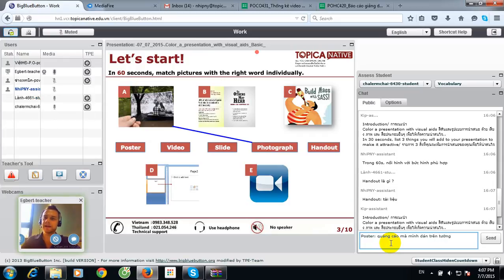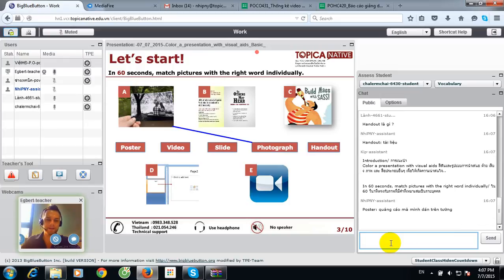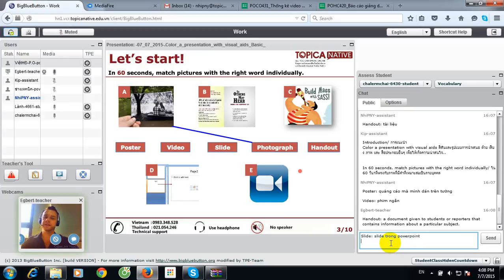Oh, sorry, I misread your question. You said a handout. And so a handout is a document given to the audience that contains information about the presentation. We call that a handout. And so that's a document we give to the audience that contains information about a particular subject.